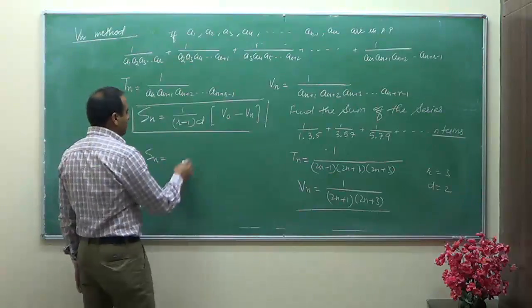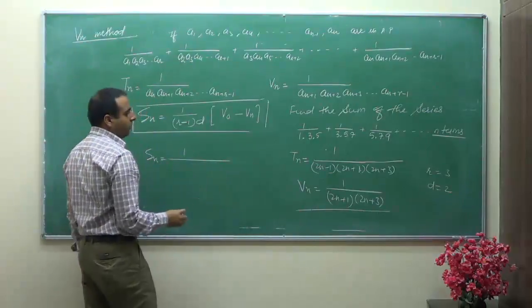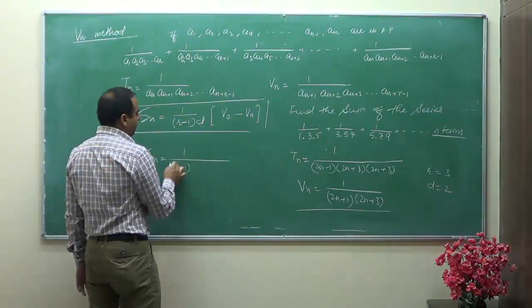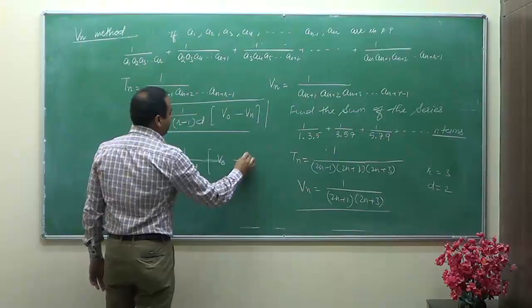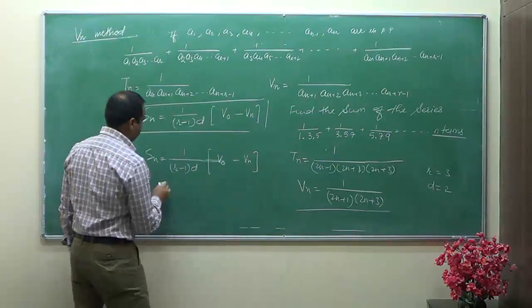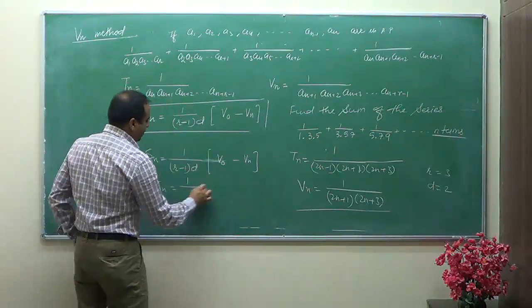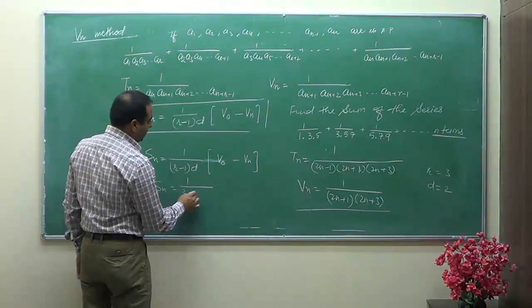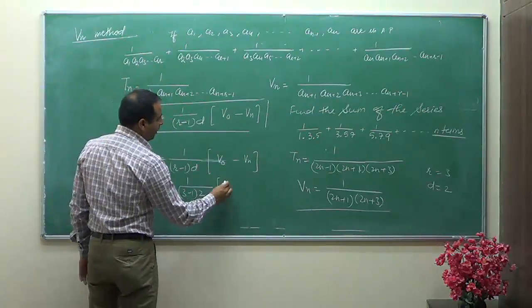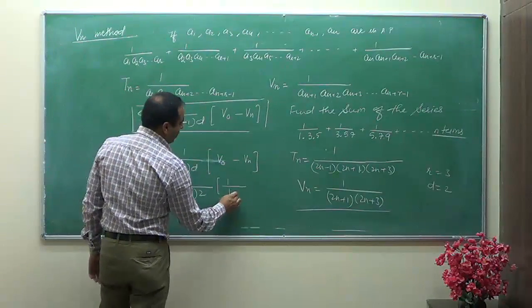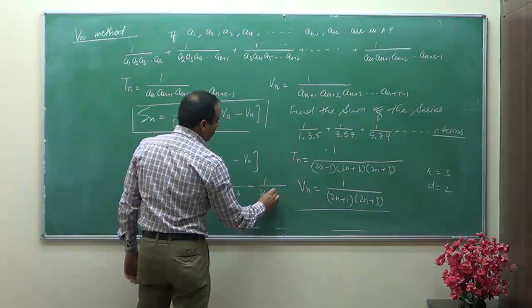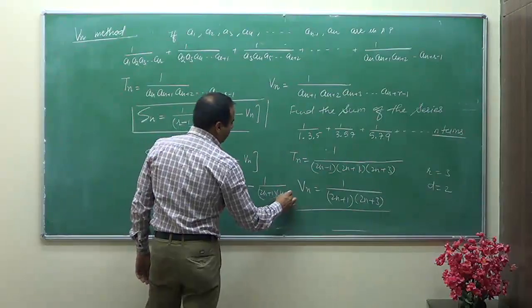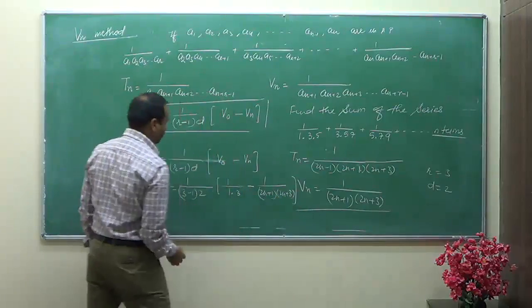So what is Sn? Sn is equal to 1 upon R minus 1 into D, V0 minus Vn. R is 3, minus 1, into 2. V0 is 1 over 1 into 3, minus 1 over 2n plus 1 into 2n plus 3.